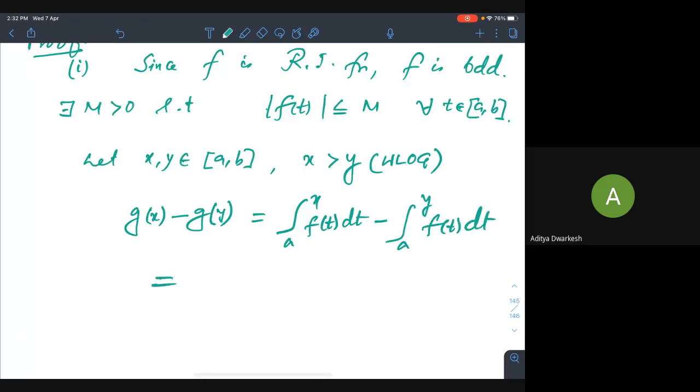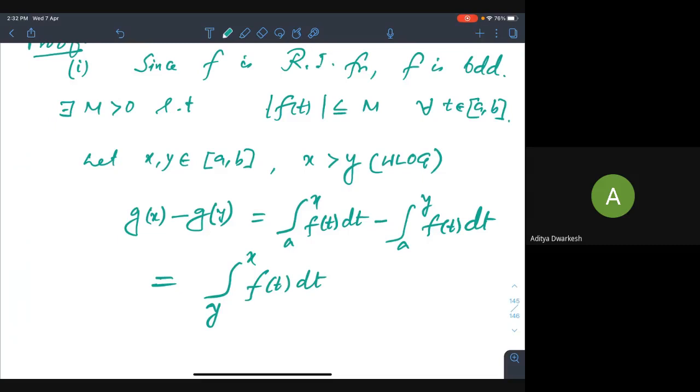Looking at the properties we mentioned a few days back, this will be the integral from y to x of f(t) dt.